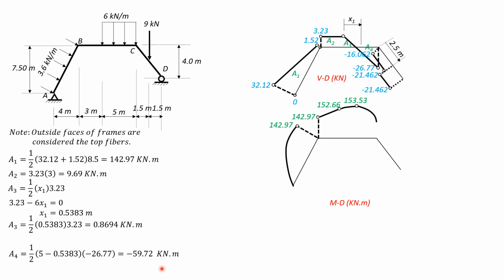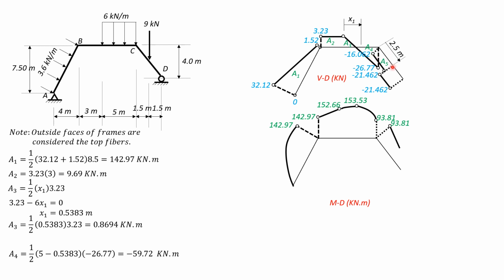That's area 4 equals negative 59.72. So 153.53, it's negative increasing, so that's the curve, minus 59.72 is equal to 93.81, which is the moment at C.